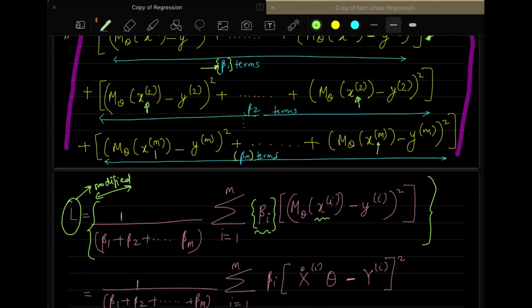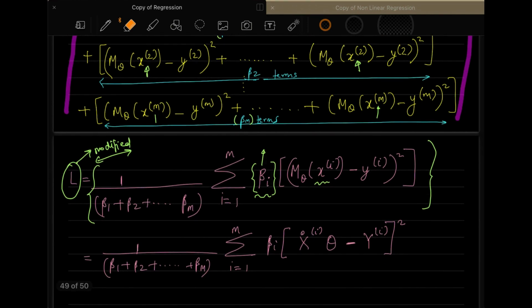So if xi happens two times, then beta i will be 2. Suppose x1 happens 3 times and x2 happens 7 times, then beta i will change from 3 to 7 depending upon which sample, x1 or x2, is 3 times or 7 times respectively. So this is the modified loss function for the weighted average type of thing.